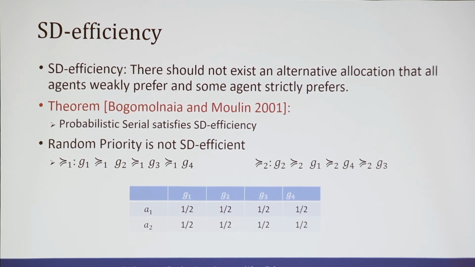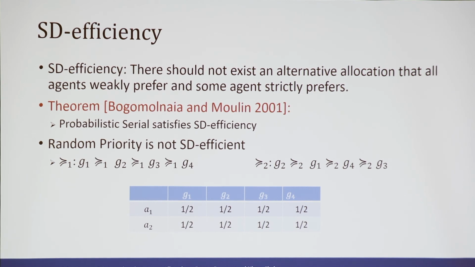So what we get here is no matter who goes first, agent 1 would choose good 1 and good 2, and agent 2 would choose good 1 and good 2. And then the other agent would get left with G3 and G4. So the allocation is going to be a completely uniform allocation over these goods.